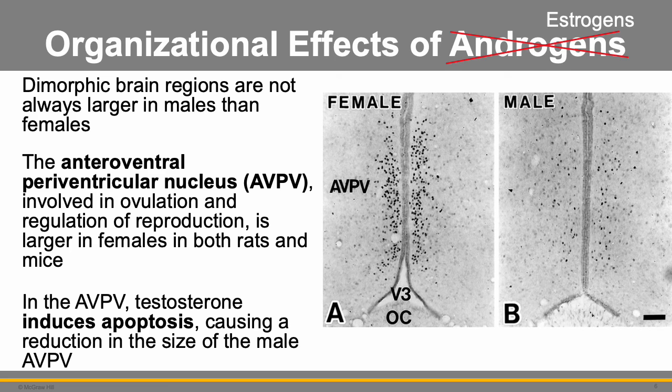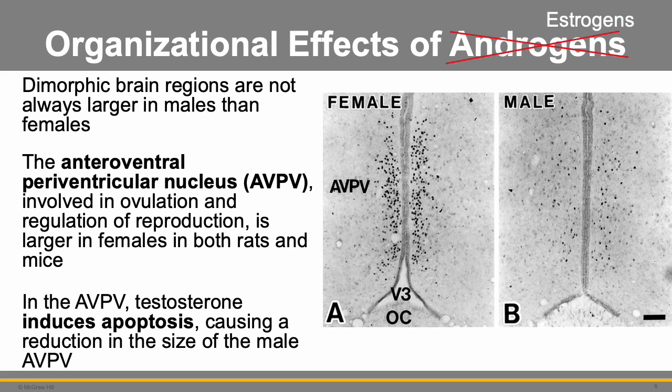And so we talked at some length about the sexually dimorphic region and the song nuclei that are important for song learning and song production in avian passerines. And so I just wanted here at the end to give one example, just to make clear that dimorphic brain regions are not always larger in males compared to females.